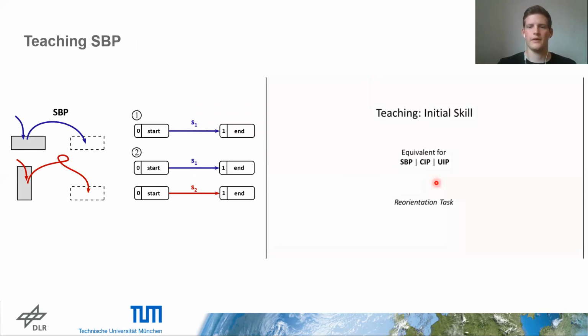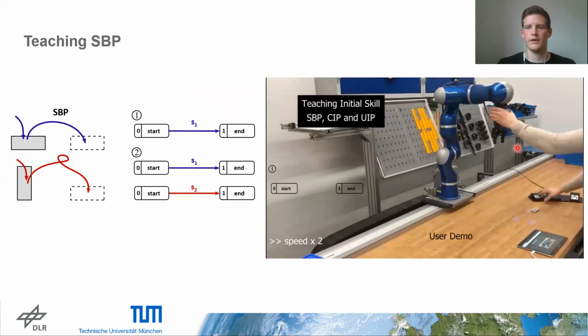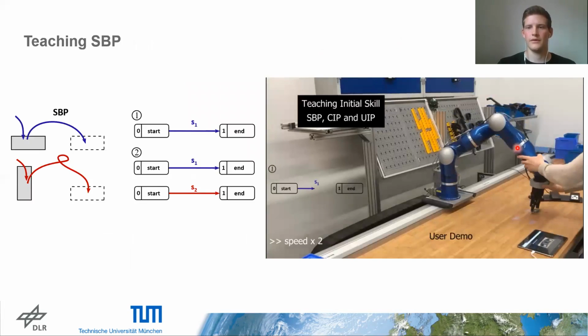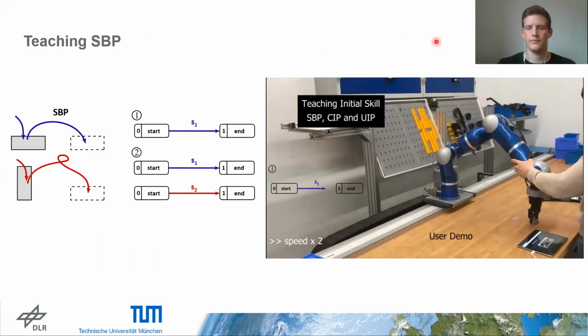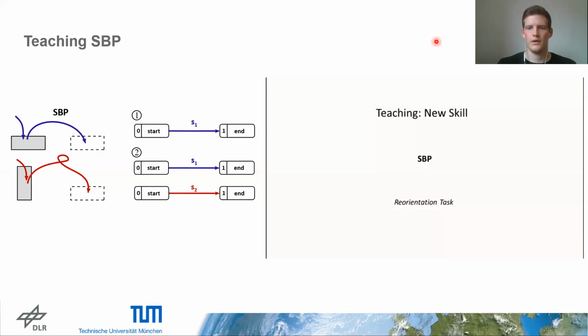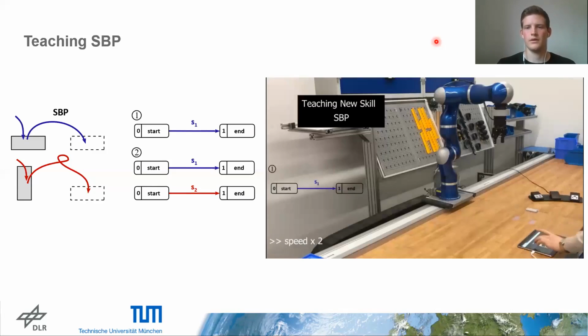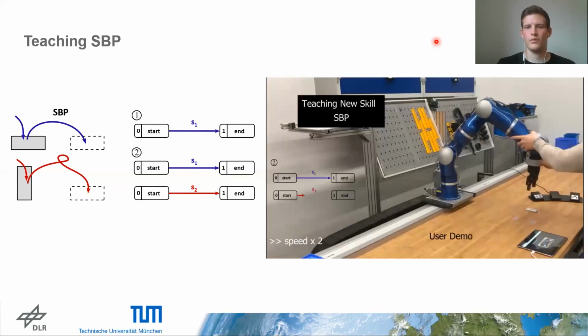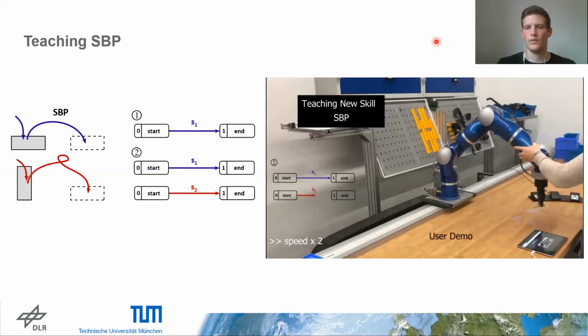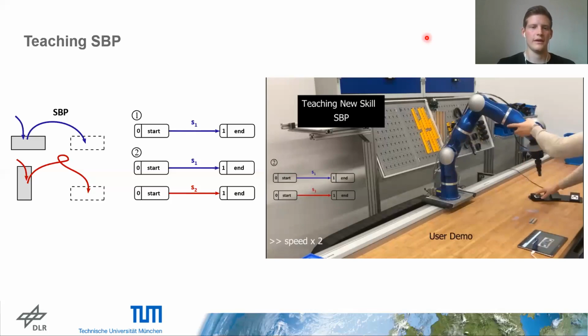Here you can see the teaching of the initial skill, which is the same for all three methods. And now you can see a teaching of the second skill with the sequential batch method, where the user just demonstrates the second skill. And the second skill is then stored in a solution pool independently from the initial skill.